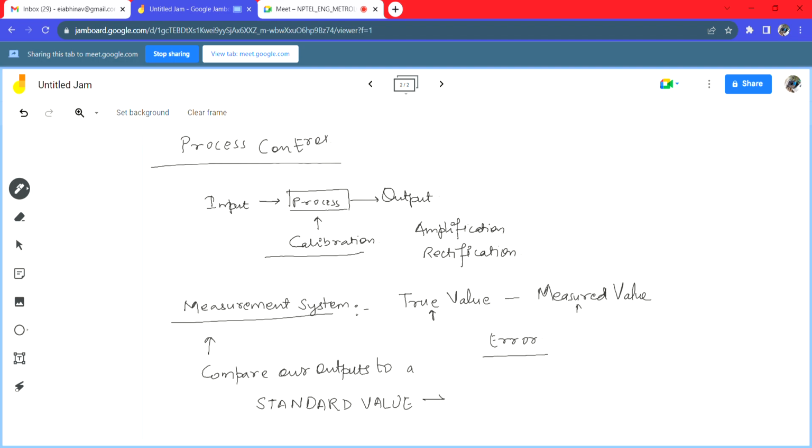This is the standardization that is sometimes called calibration, and in other terms we call it error rectification.